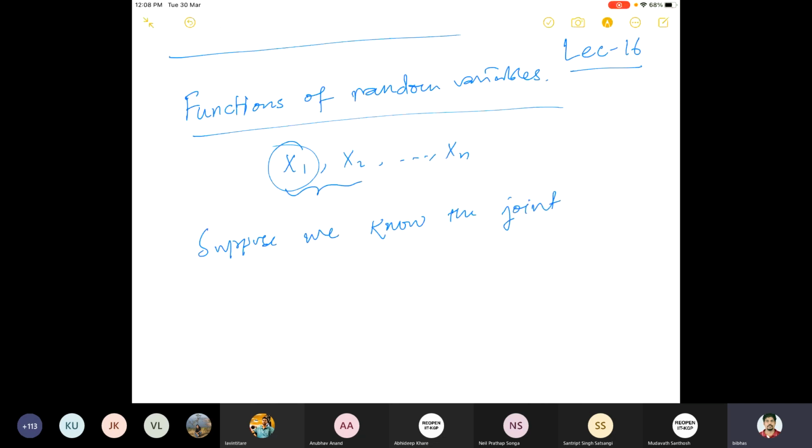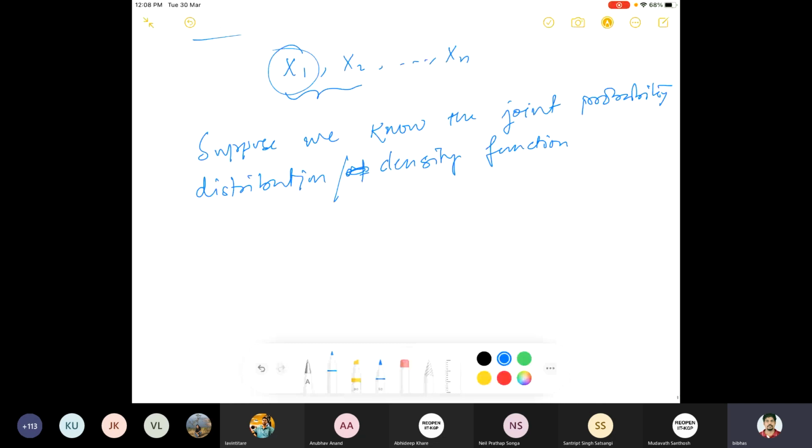Suppose we know the joint probability distribution, or a density function, of these random variables, and then the question here is, suppose we want to calculate something.